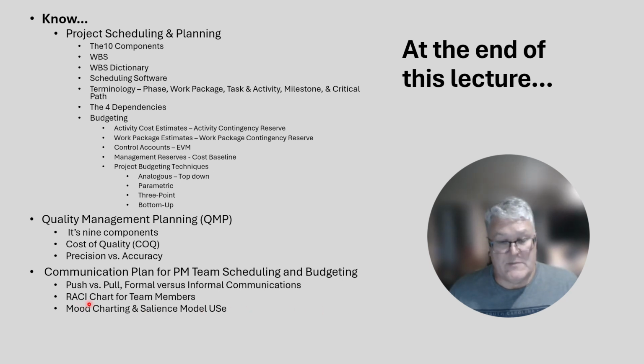Know the difference between push versus pull communication and formal versus informal communication, and which of these should be used. Have a RACI chart for your team members. And then understand mood charting and salience model usage.